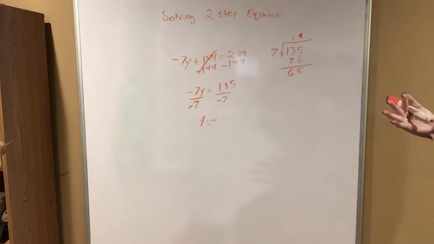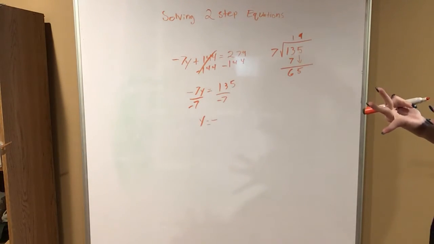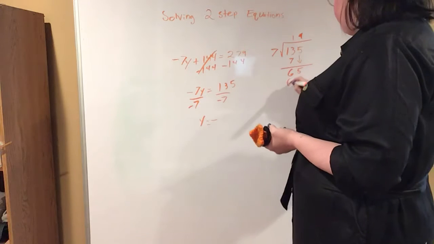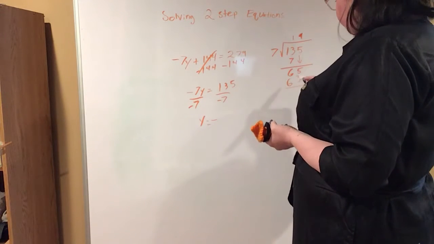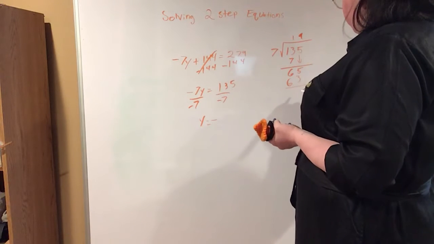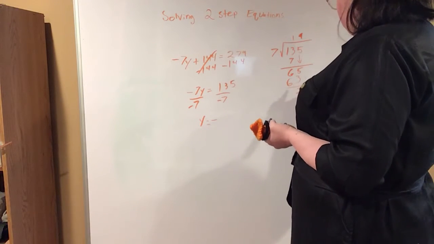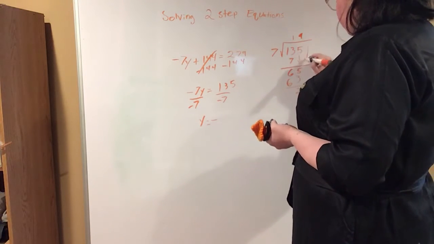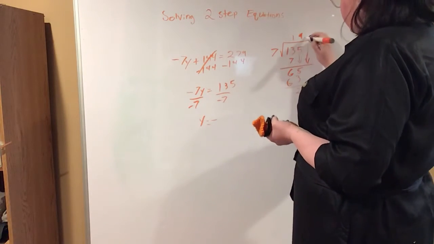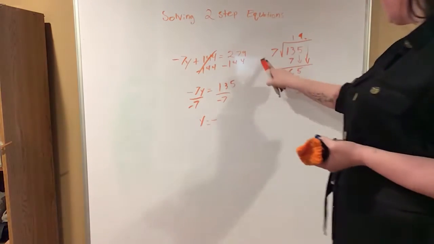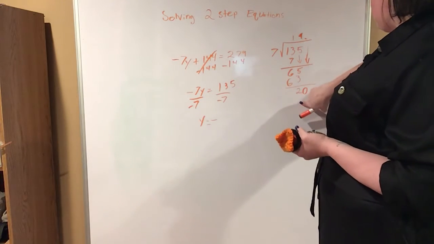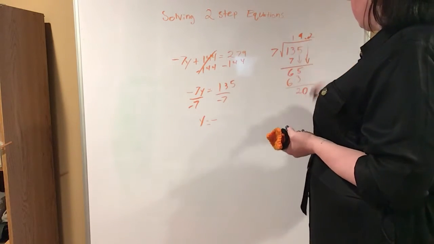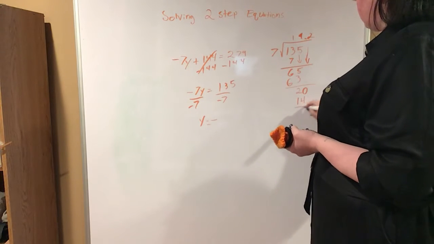Back down. Hang on. I don't want to seem super embarrassed. Yep, 63. Okay, so that went in 9 times, which is 2. Bring down a 0. Another decimal. Goes into 20 2 times, which is 14.